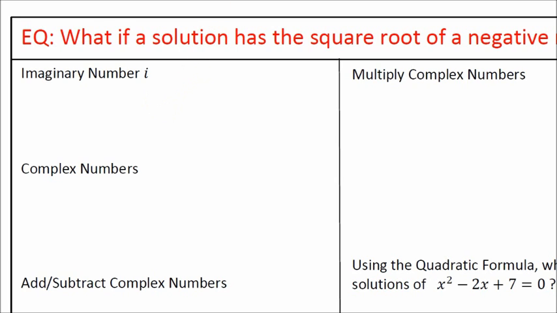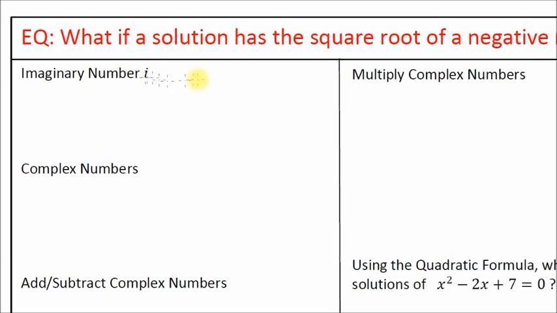I know it sounds kind of strange, but we're going to talk about imaginary numbers and see how they play into this section, how we can use them to write our final answers when we have a square root of a negative number. Alright, so let's take a look at this imaginary number, and we represent imaginary numbers with the letter i, and it's in cursive.